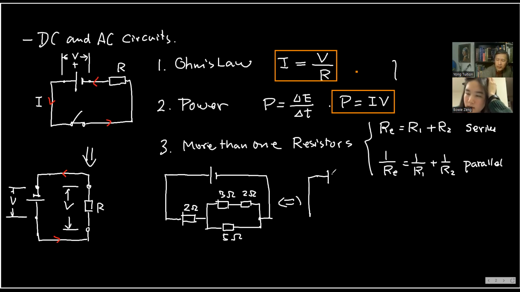When I say equivalent, it means we can use a single resistor, R_E, to represent all of these resistors. Do you want to try? Yes, it's quite challenging. In that case, I will make this simpler, because ultimately you are going to solve this problem.